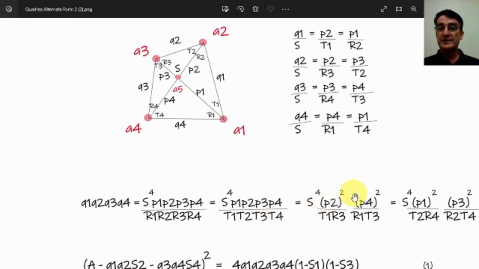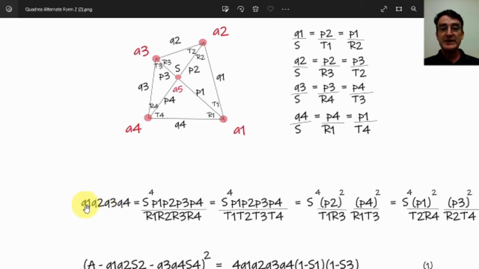And here's another alternate form by combining different combinations here. We have Q1 times Q2 times Q3 times Q4 is equal to S to the power 4 times P2 squared times P4 squared, divided by T1 times R3 times R1 times T3. Again, just by using different values in these equalities.